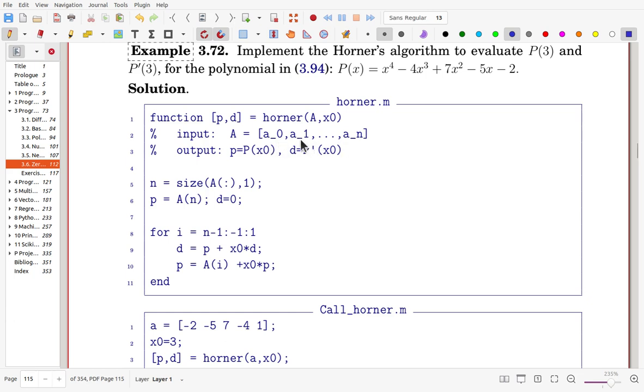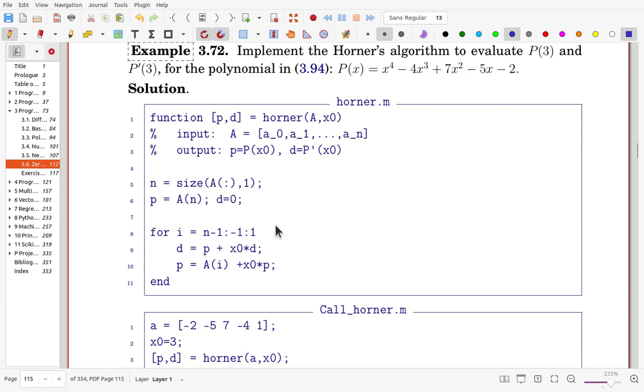Here it is in increasing order rather than decreasing. This is the decreasing order, and this is the increasing order. It doesn't matter, you can use the array either way, but this M file is made with the increasing order. And x0 is the evaluation point.